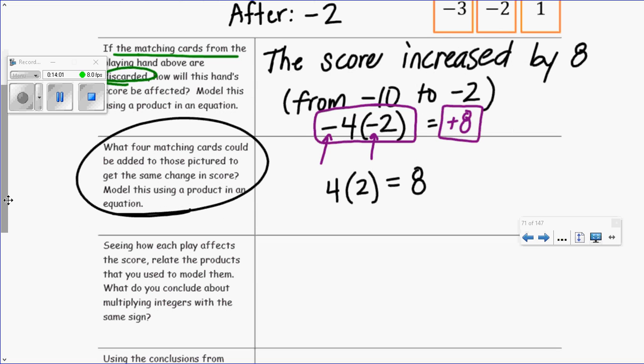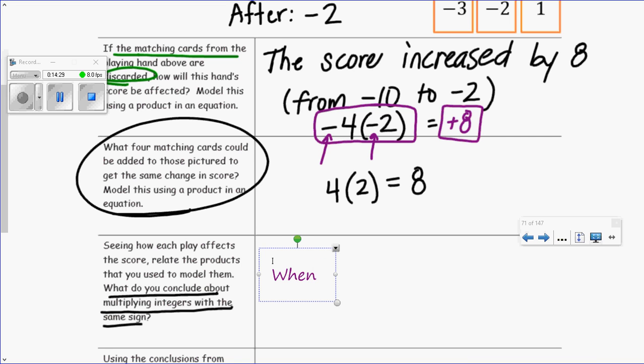Seeing how each play affects the score, relate the products that you use to model them. What do you conclude about multiplying integers with the same sign? Go ahead and underline that question there. Same signs means a negative times a negative, and a positive times a positive. These two have the same sign because they're both negative, and these two have the same sign because they're both positive. So they will both result in a positive answer.